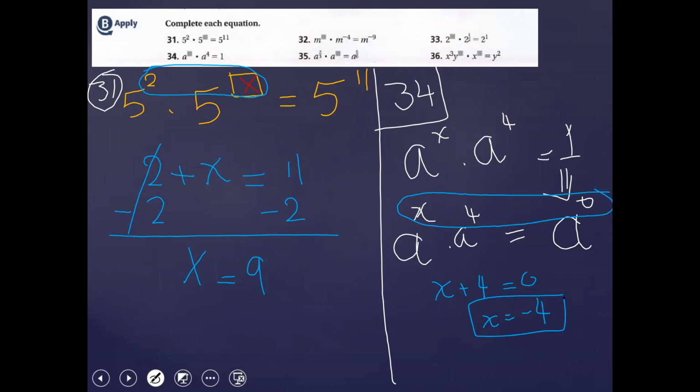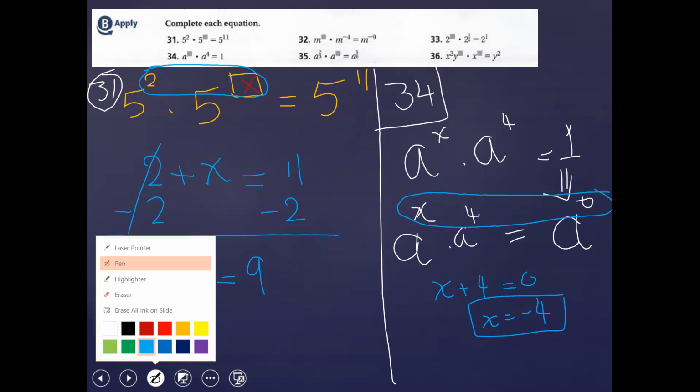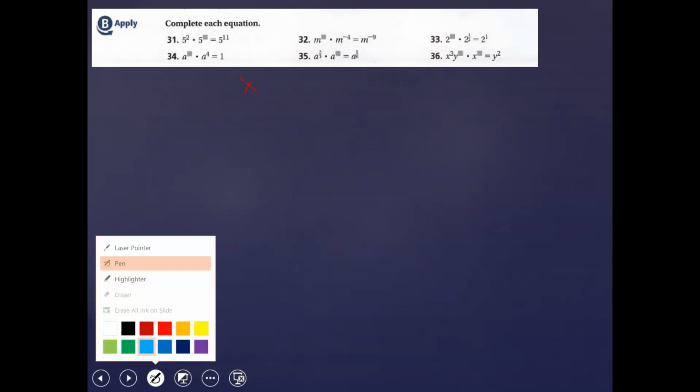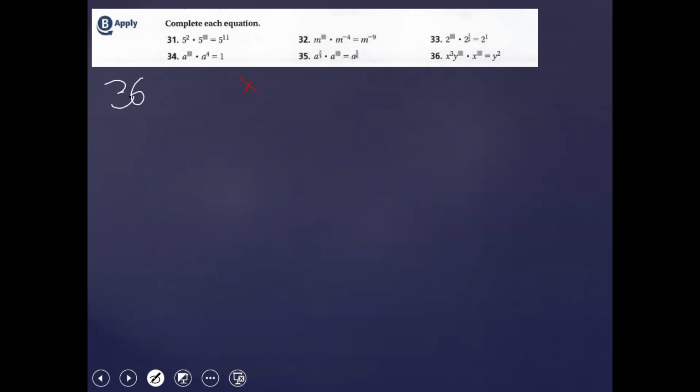Let's do number 36. Number 36 here: x cubed times y times x to the power b equals y squared.